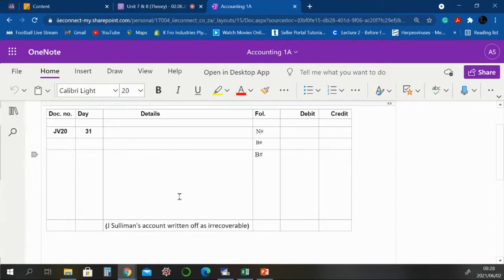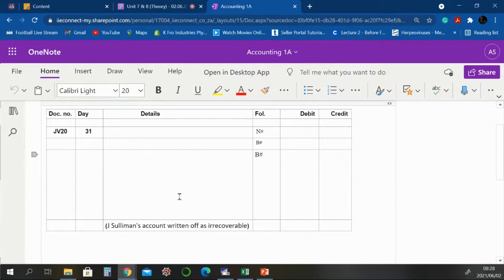If you look there on the 24th of August, you can see journal voucher JB18, interest in brackets, and there you can see 280.18. So basically we're charging him interest, because he hasn't paid us on time.